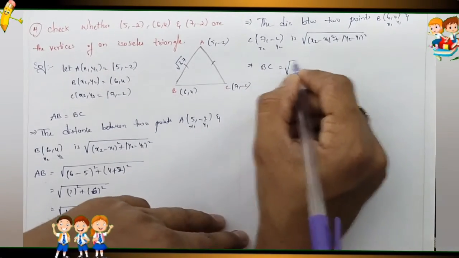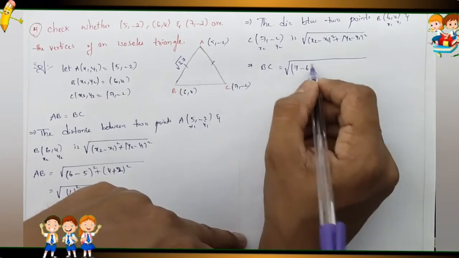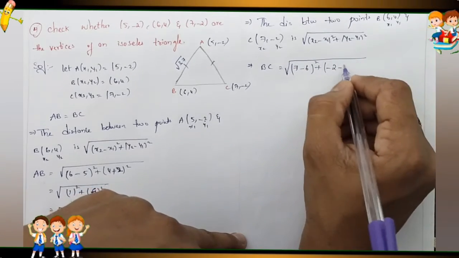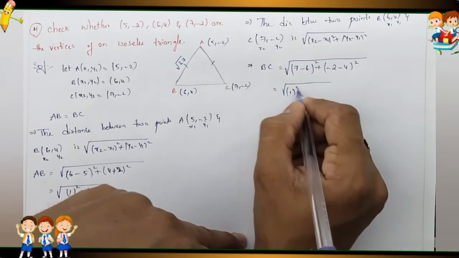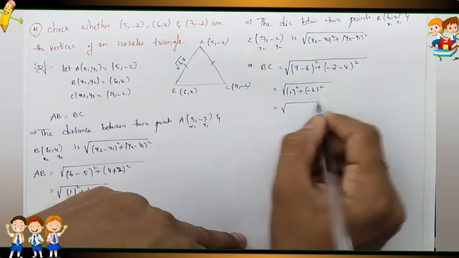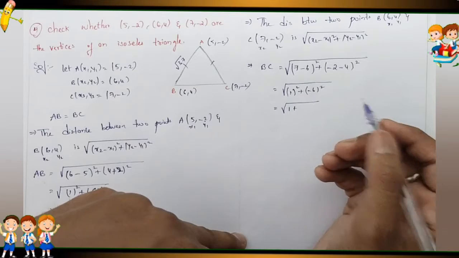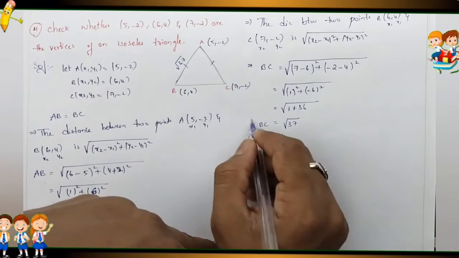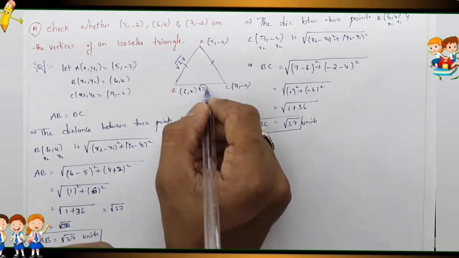So BC is equal to the square root of x2 value 7 minus x1 value 6 whole square, plus y2 value minus 2 minus y1 value 4 whole square. Now 7 minus 6 is 1, whole square, plus minus 2 minus 4, which is minus 6, whole square. 1 square is 1, and minus 6 square is 36. So the BC value is root 37 units.